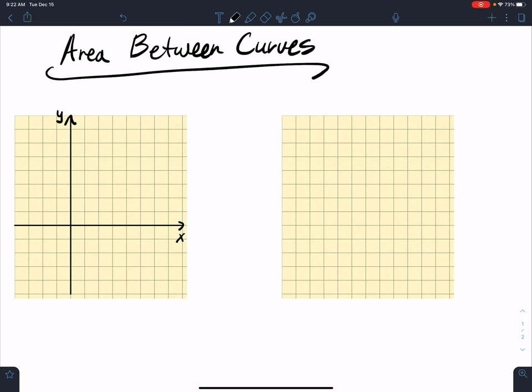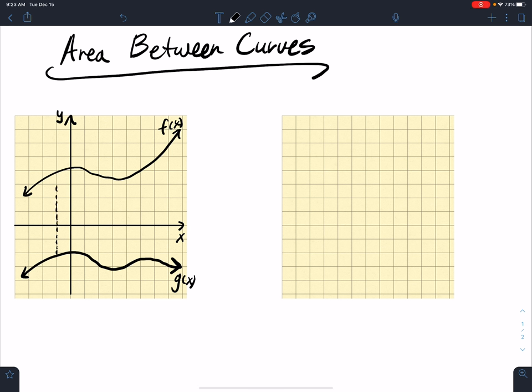Now, say I've got some function f of x and another function g of x. And now I want to find the area between the curves from maybe this point to this point here.